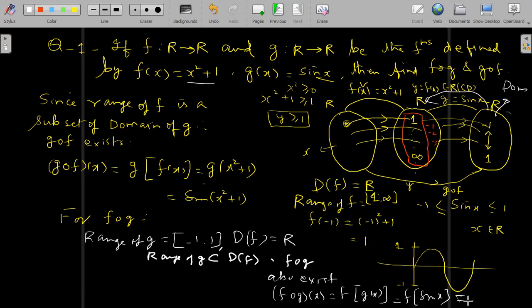So that means it will become sin square x plus 1. Actually we should check whether it exists or not, then we can find it. Directly also we can say, on analyzing directly, that yes, the domain of this exists. Example number 2, we are taking the next question.